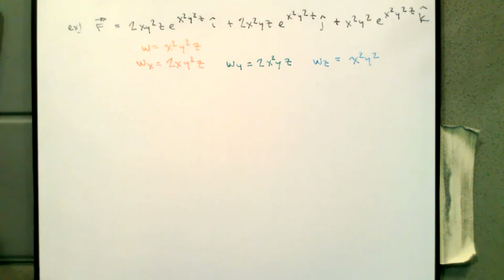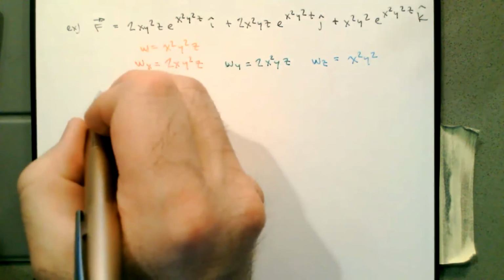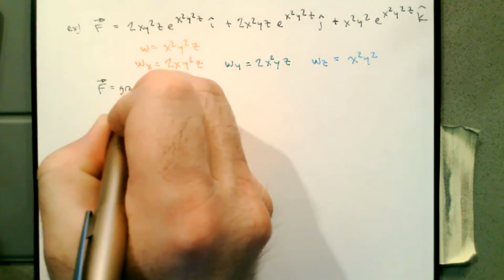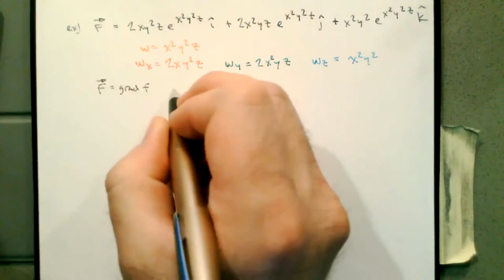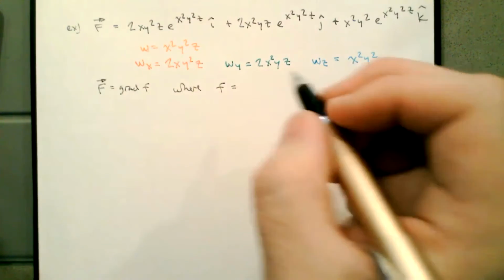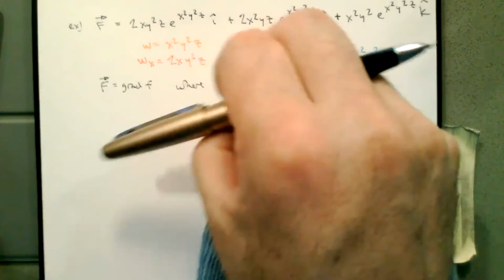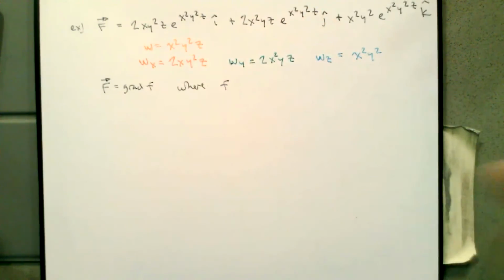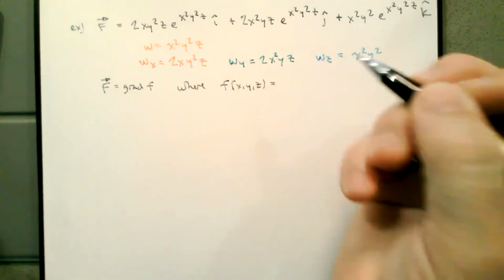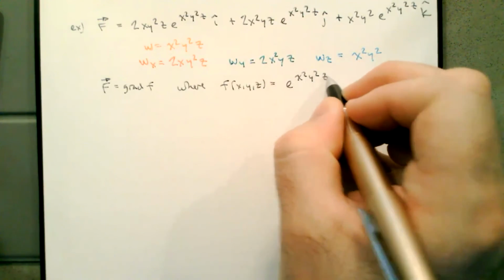So now we can see our gradient function, or f is the gradient of f, where our potential function looks like it's just going to be e to the x squared y squared z.